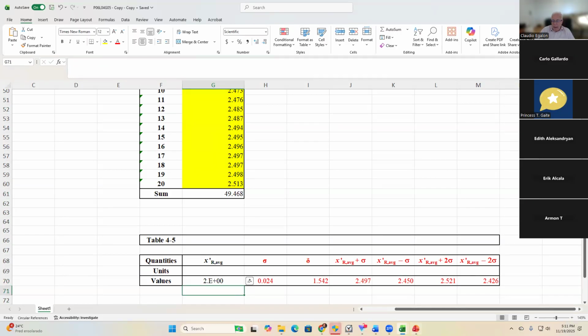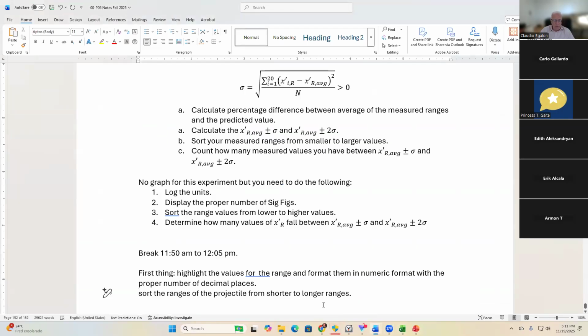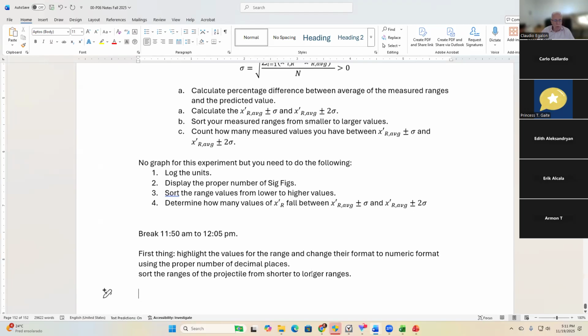So, what else do we have to do? Here you go. First thing, highlight the values for the range and change their format to numeric format, using the proper number of decimal places.